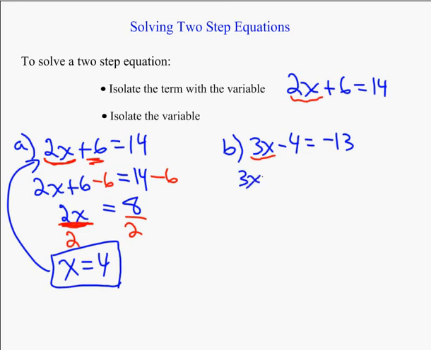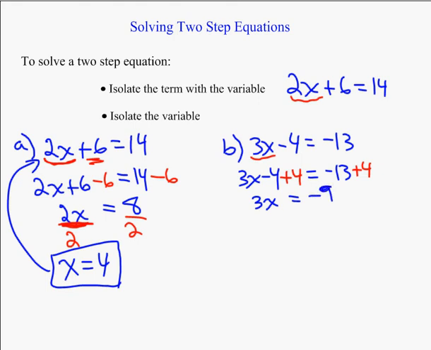In order to get rid of a minus 4, we're going to add 4. And if we add 4 on the left, we need to add 4 on the right. From here, negative 4 plus 4 is 0, so we're left with 3x on the left. Negative 13 plus 4 works out to negative 9.